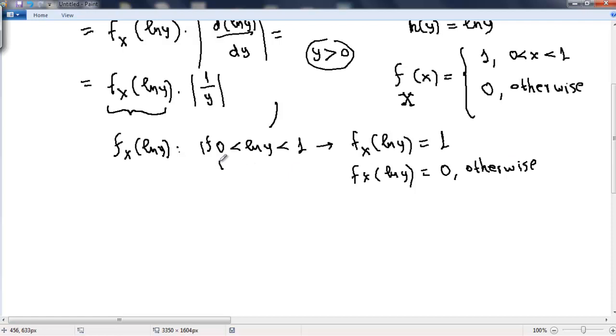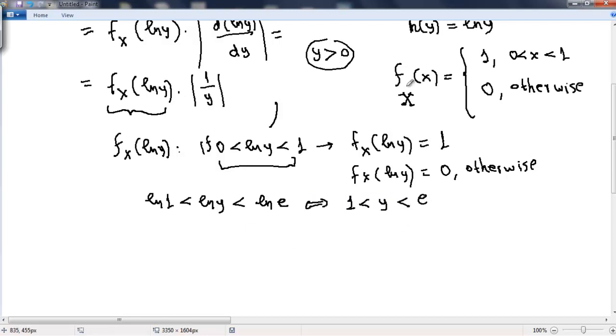Now if you try to solve that for y, in terms of y, you can take ln of e to be 1, ln of y in the middle, and ln of 1 is 0. From here we get 1 less than y less than e.